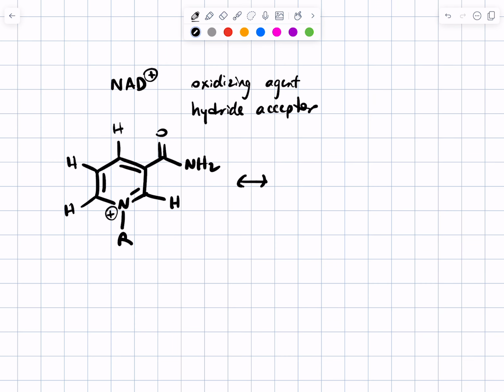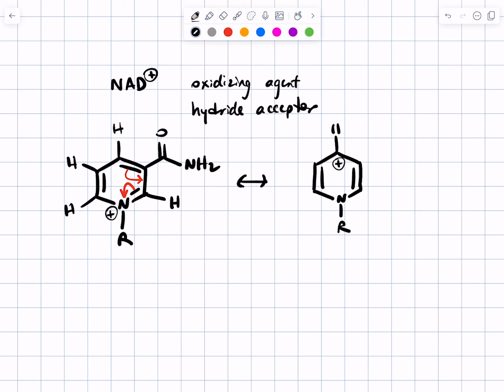And NAD plus has a resonance structure that you can get by moving this set of pi electrons from being in this bond between this carbon and that one to now being between these 2 carbons, and then moving this pi bond onto the nitrogen as a lone pair. If you do that, the original carbon that was doubly bonded to the other carbon has to have a positive formal charge on it.